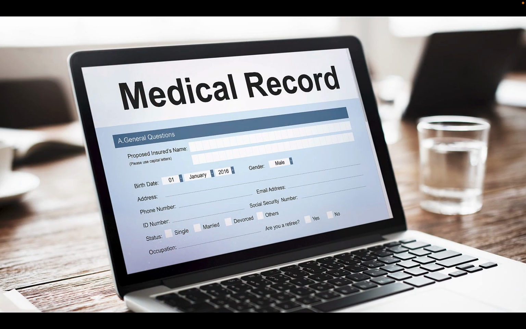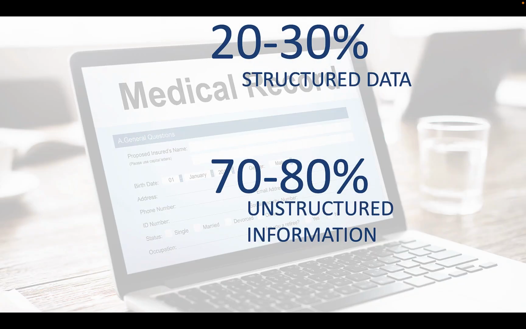This is something you are all familiar with, medical records, and by extension also your own notes or the notes of your colleagues, nursing notes, the notes of the physiotherapist, psychologist, and so on. If you have a close look at these records, you will see that about 20 to 30% of the information in these notes is in a structured way.